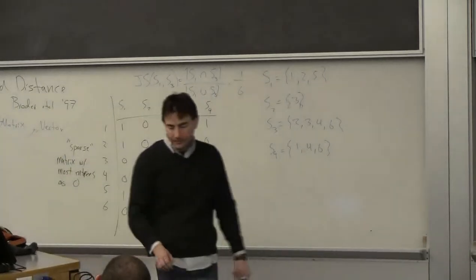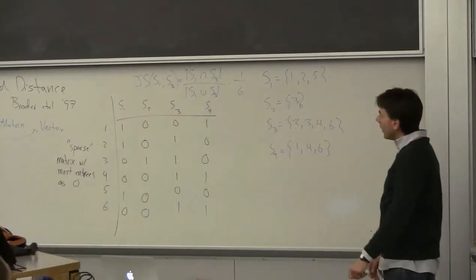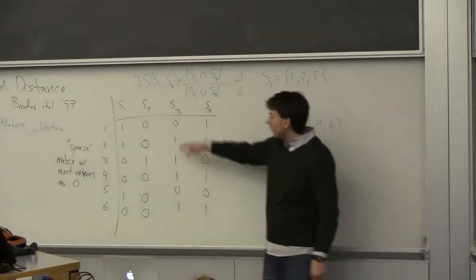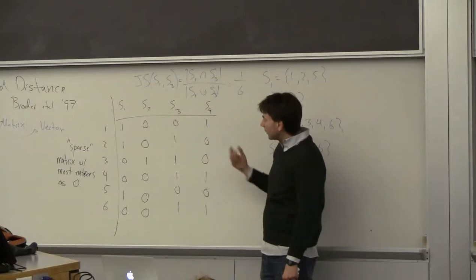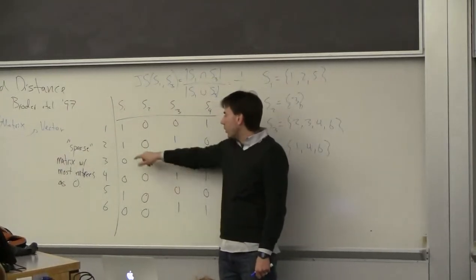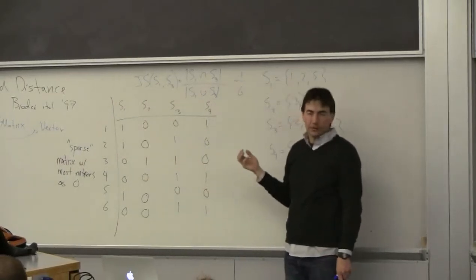But now I can calculate the Jaccard similarity between two of these columns by seeing that the intersection is how many of the rows both have ones in them. That's going to count my intersection, right?